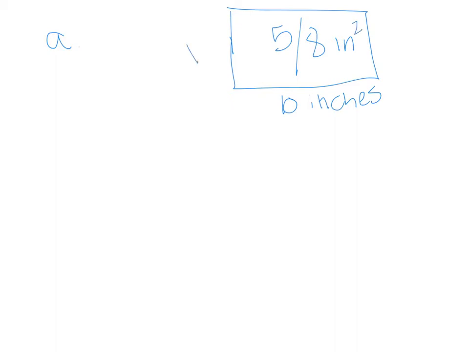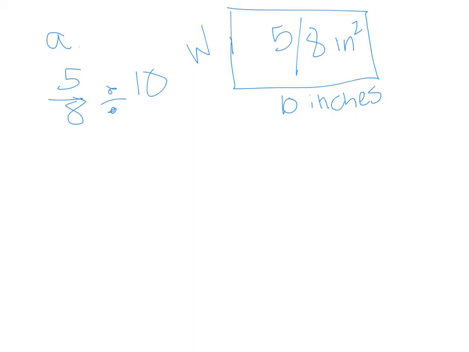I am looking to find the width. The area of a rectangle is length times width, and I don't have the width. I need to do 5/8 divided by 10 to find out the width.